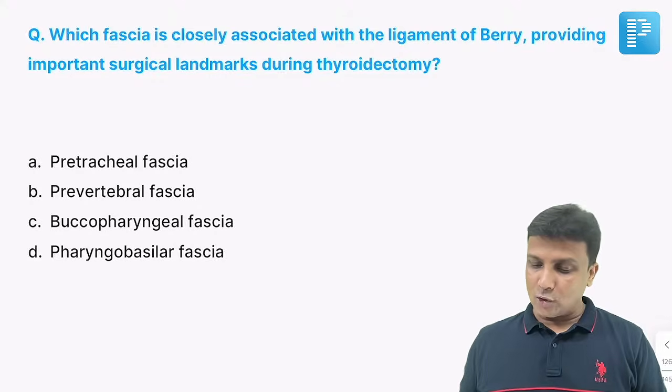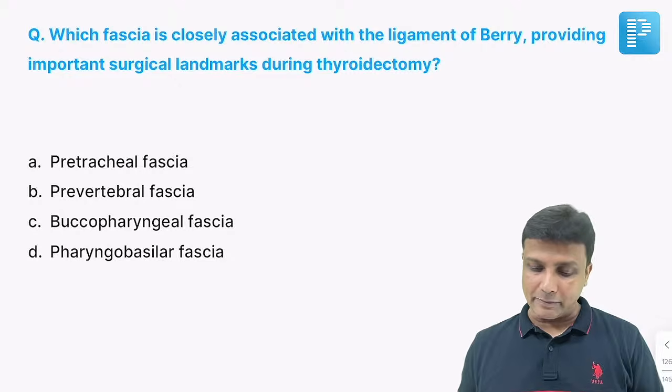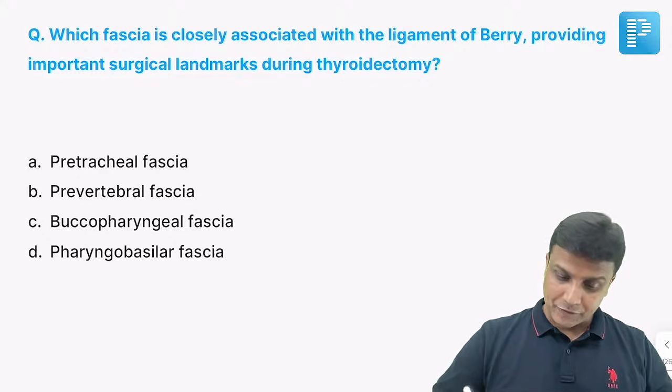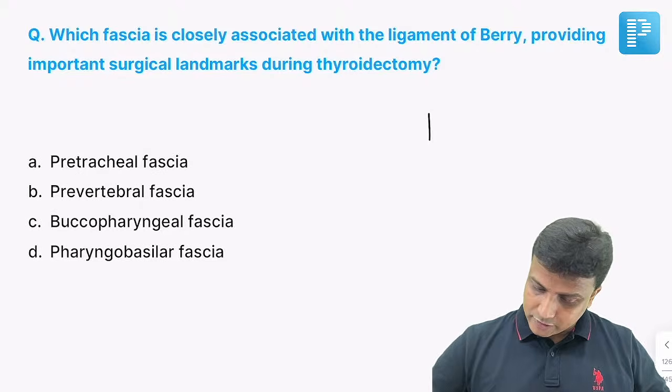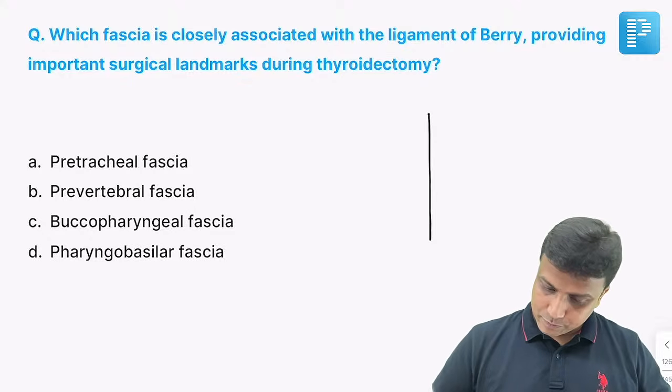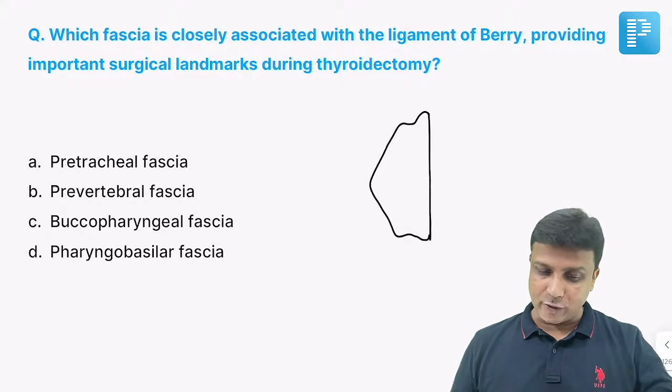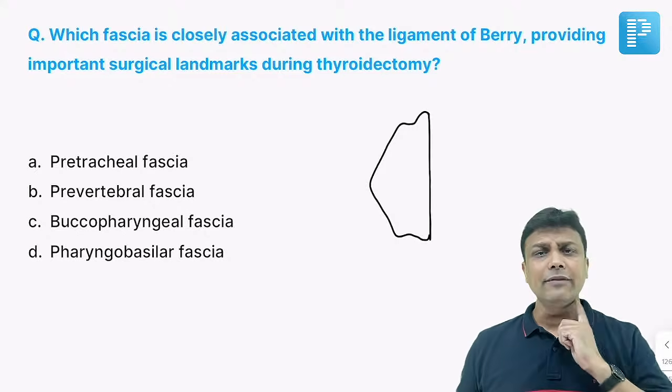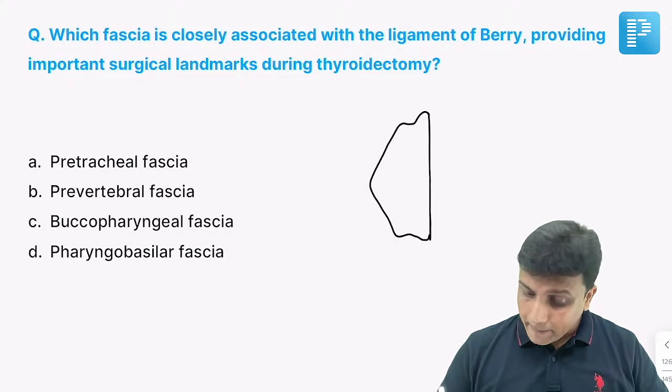Which fascia is closely associated with the ligament of Berry, providing an important surgical landmark during thyroidectomy? Now, if this one here is the thyroid cartilage in the larynx, we are seeing the thyroid cartilage from the side view. Below the thyroid cartilage, this one here will be the cricoid.